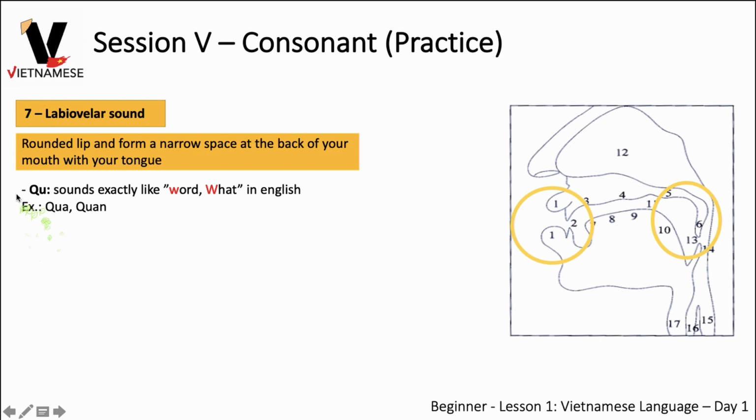For example, wa, or wang. And this is a consonant digraph. It is created by putting the letters Q and U together. The sound would be like w. Okay?